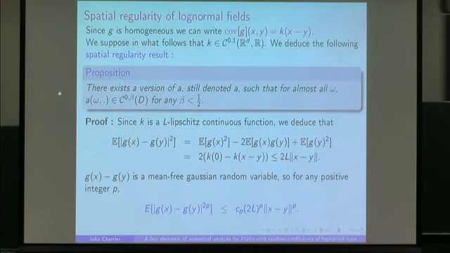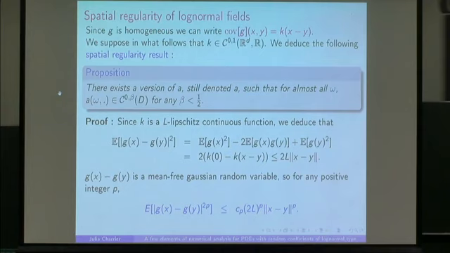We have seen that the covariance is a function of x minus y. In all my talk, I'm going to suppose that this covariance function k is a Lipschitz function of x minus y, which is the case in both my examples, because the norm is a Lipschitz function.